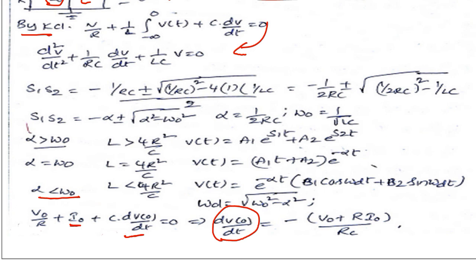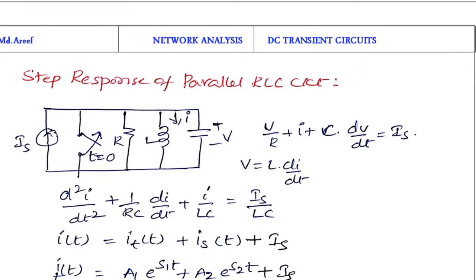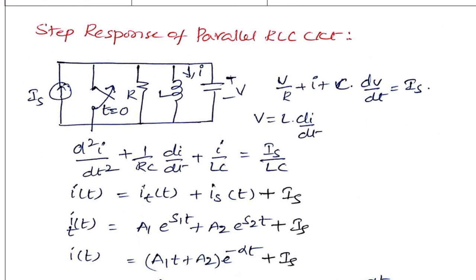From this we get dv of 0 by dt as minus of V0 plus R into I0, by RC. In problems the I0 value may be negative, so depending upon the polarities the I0 value will change.